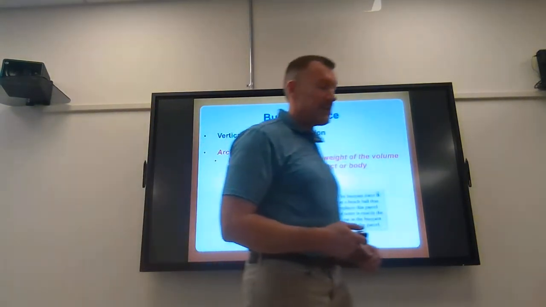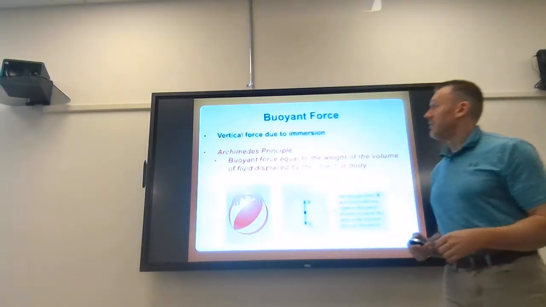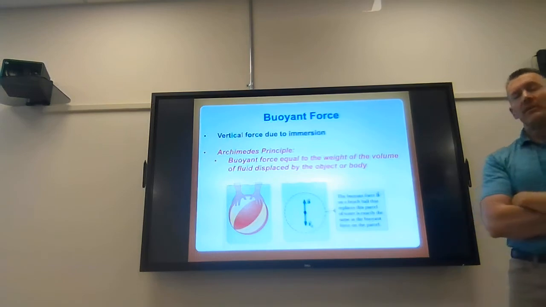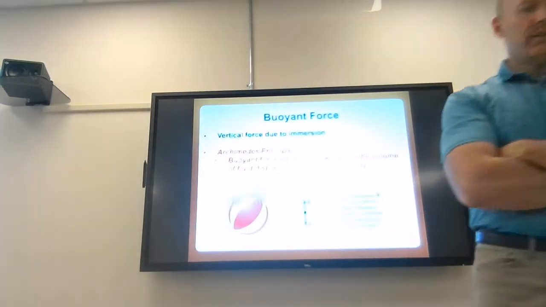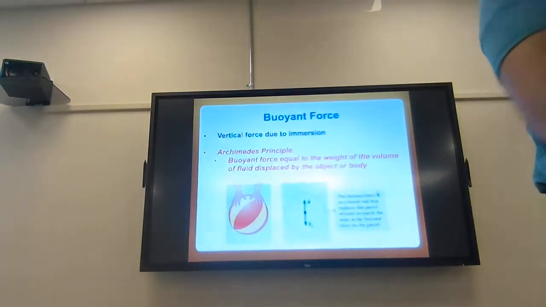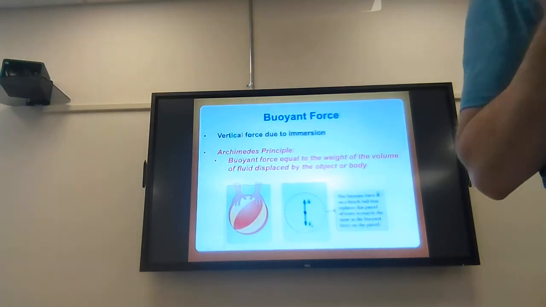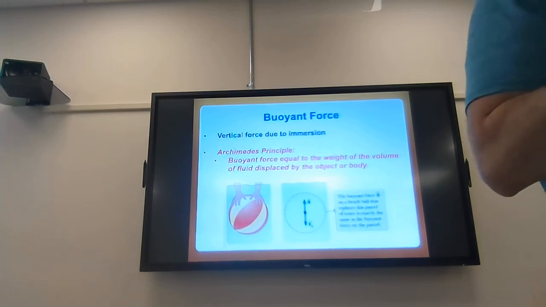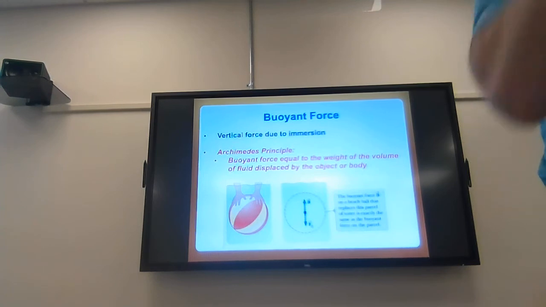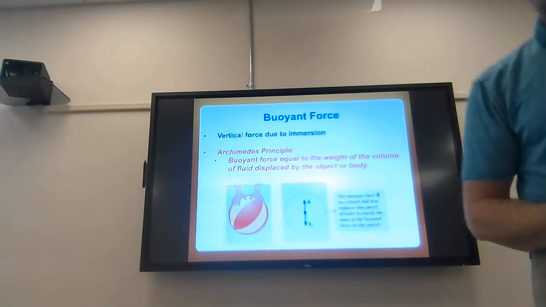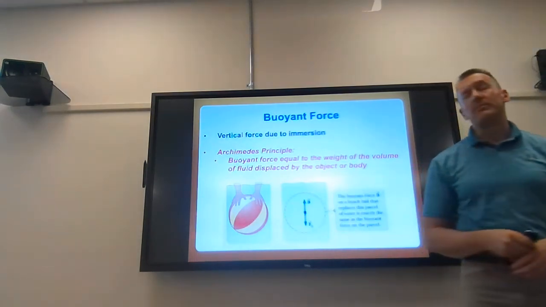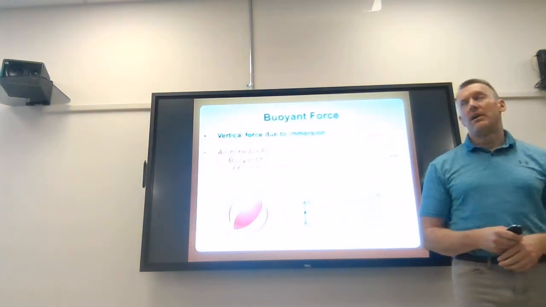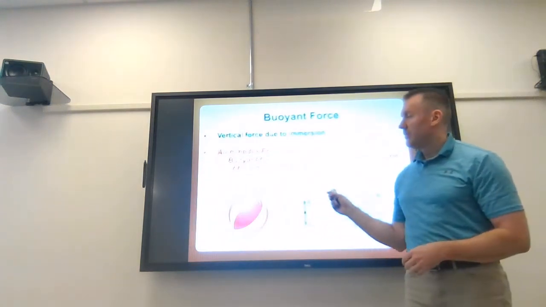The first principle of this chapter has to do with the buoyant force. It's called Archimedes' principle. If I had a bucket of water and a beach ball and I pushed the ball under the water, what would happen to the level of water in the bucket? It would rise. What Archimedes' principle says is the buoyant force is equal to the weight of the displaced water.